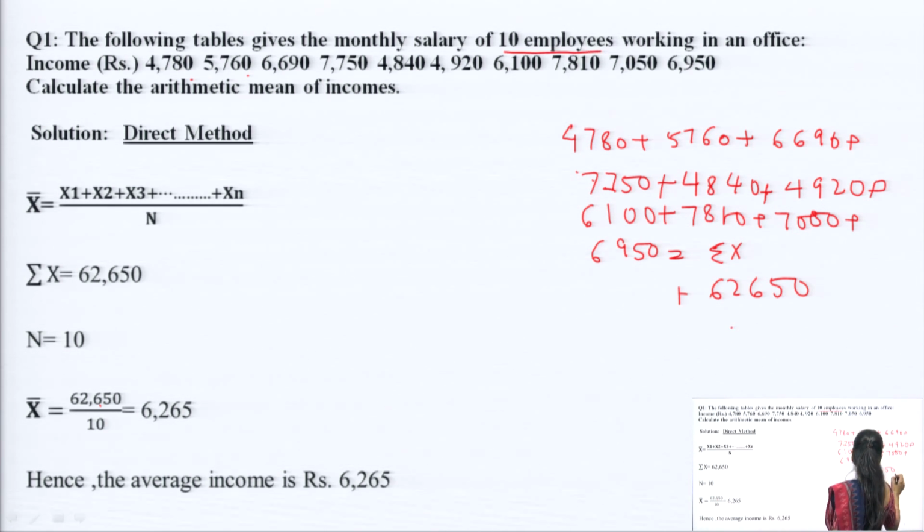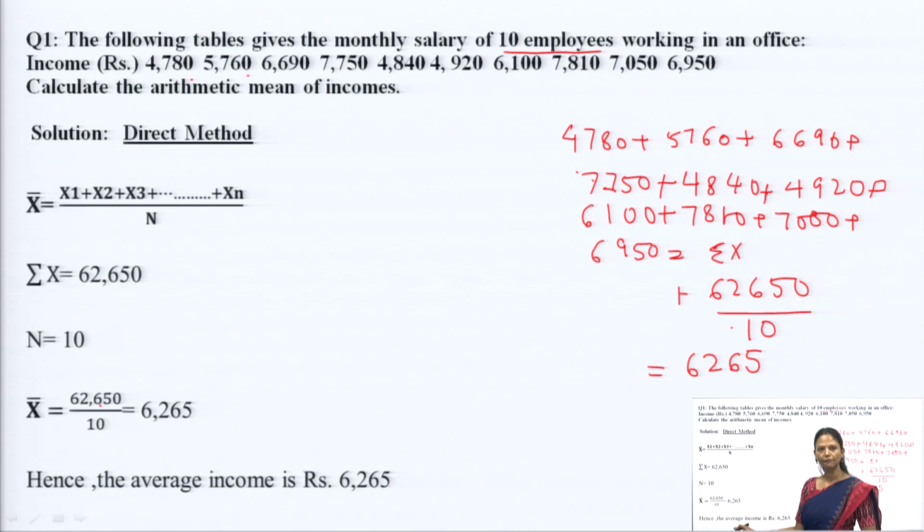So, it is divided by 10. This gives me 6265. Therefore, the average income is equal to rupees 6265.